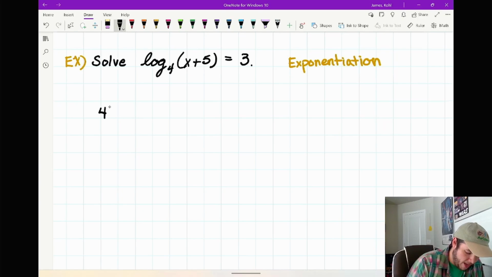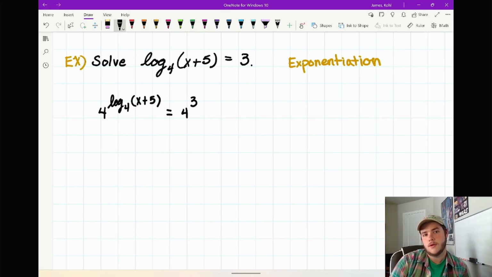4 to the power log base 4 of x plus 5 is equal to 4 to the 3. Now, we need to pause for a minute to discuss one last property of logarithms.